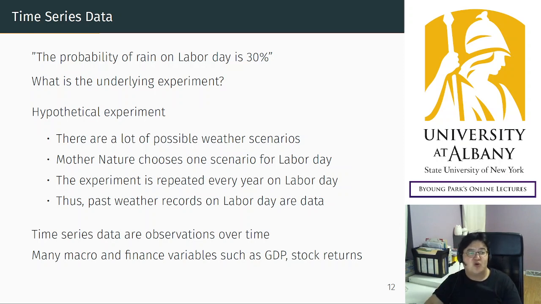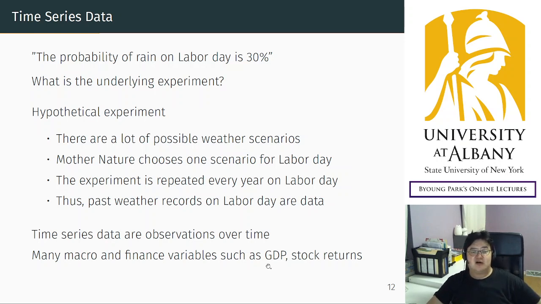So we have to think about a more realistic but still unrealistic experiment like this. Time series data are observations over time, and many economics analyses are based on time series analysis. For example, GDP.